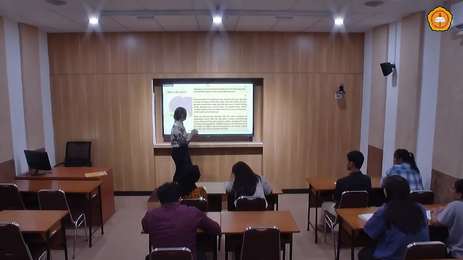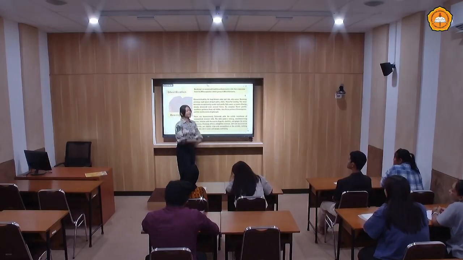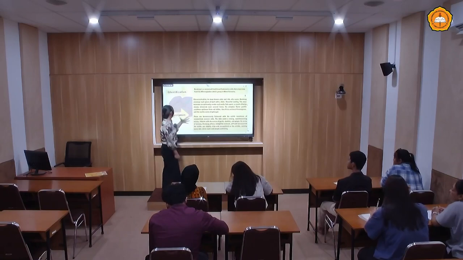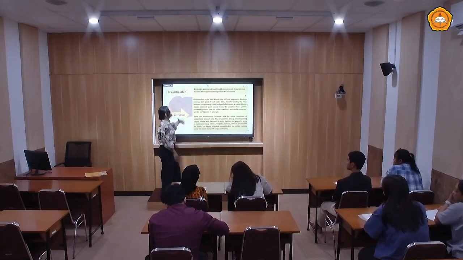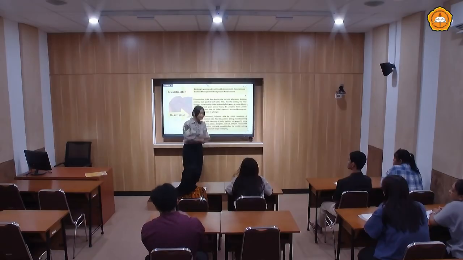Okay, that's good. So, the identification part is to introduce the topic that is being described. In this text, we describe rendang. And in the description, we give a lot of information about rendang, like the ingredients, the taste, the looks, and so on.